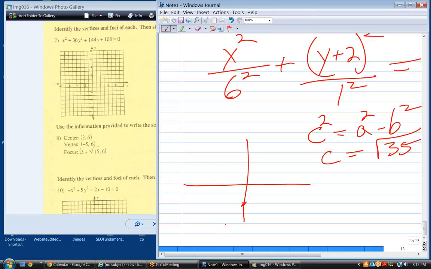Okay? Where is this vertex? I'm drawing x's here to indicate the major vertices, and then I'm going to draw x's indicating the minor vertices. What is the major vertex?